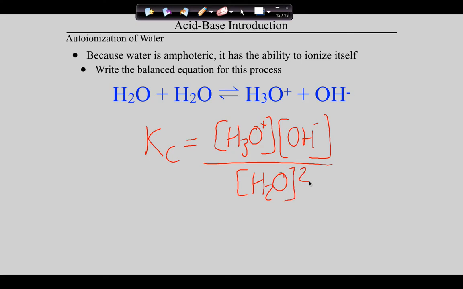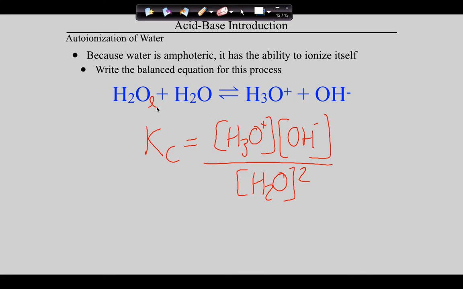Do y'all get this? You okay? So guys, let's make sure we're clear on this. The denominator of the fraction is H2O and H2O, but H2O times H2O is H2O squared. Is that okay? You're all right? Okay, because guys, this is wrong. Good. Guys, this is a heterogeneous equilibrium.